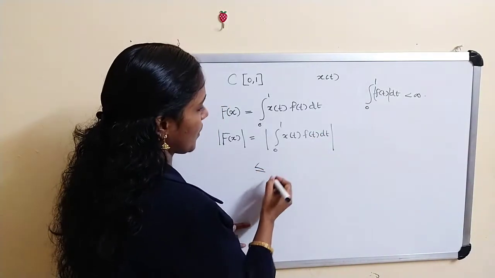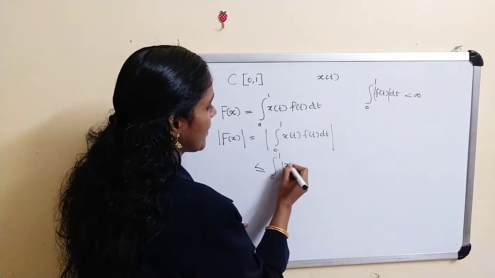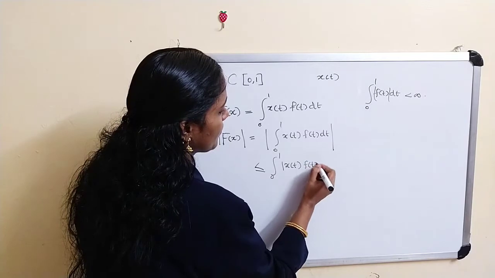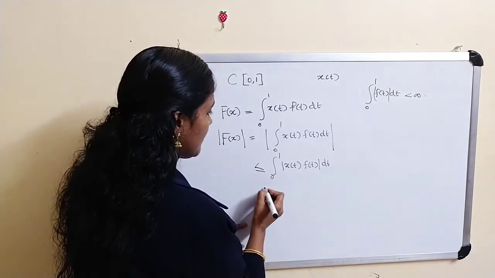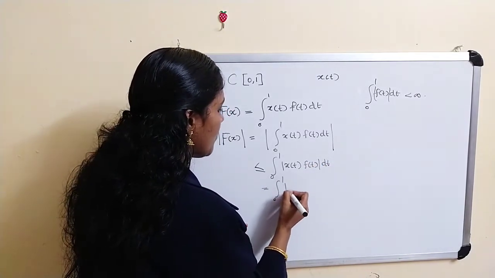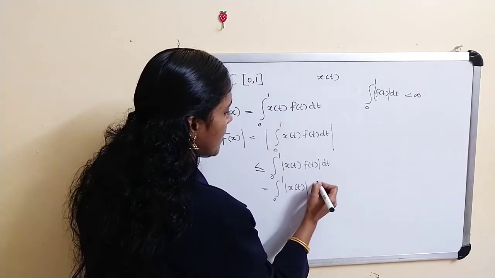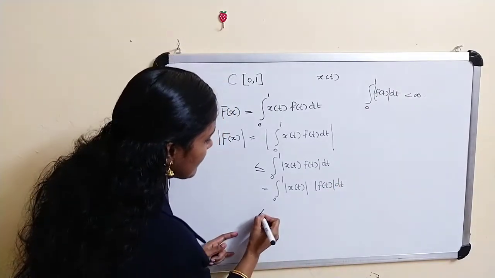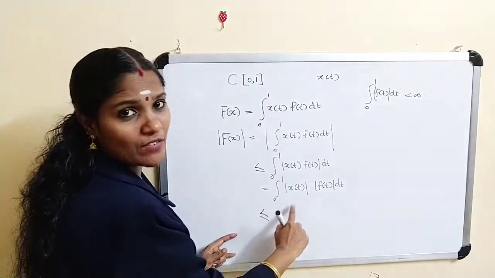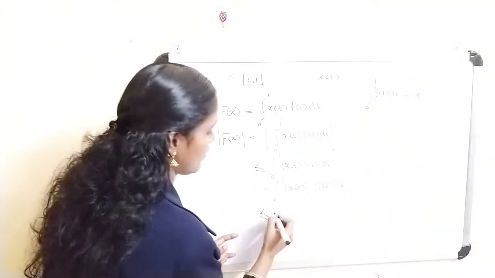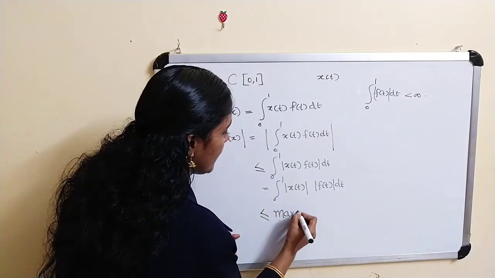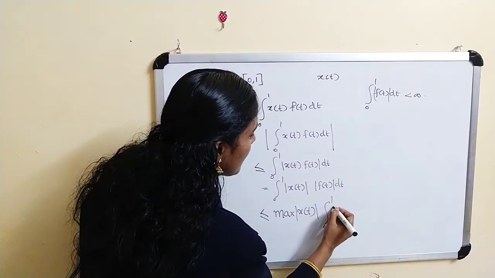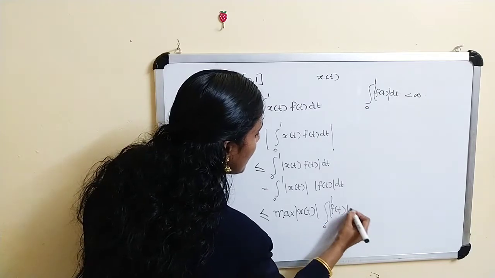And this is less than or equal to integral 0 to 1 of modulus x(t) modulus f(t) dt. And this is less than or equal to, what is x(t)? x(t) is always less than or equal to its maximum value. Maximum of modulus x(t) times integral 0 to 1 of modulus f(t) dt.